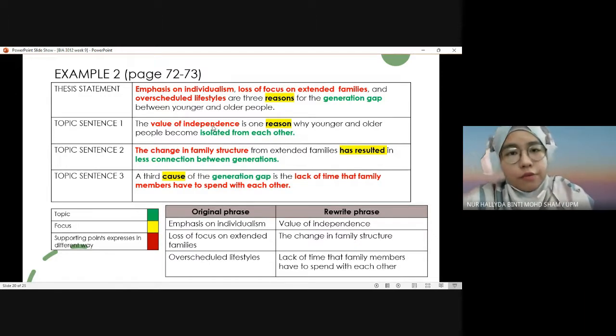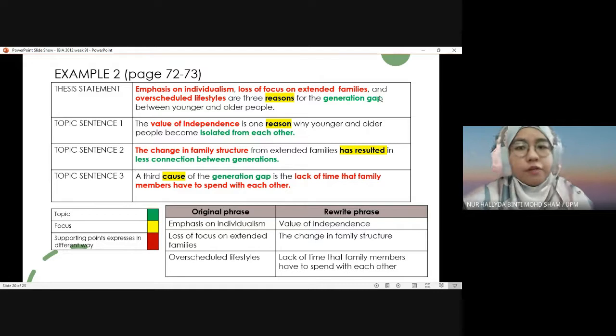So they don't live with their parents. So emphasis on individualism is rephrased into value of independence. One reason why they become isolated from each other is another way this author described generation gap. Generation gap means you feel distance.